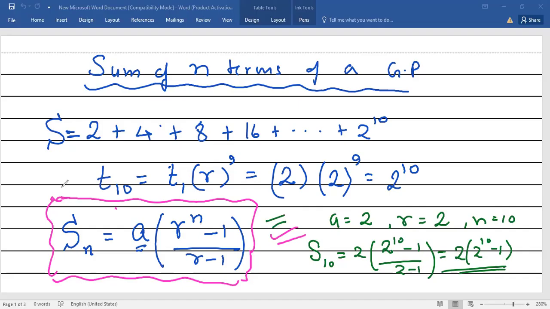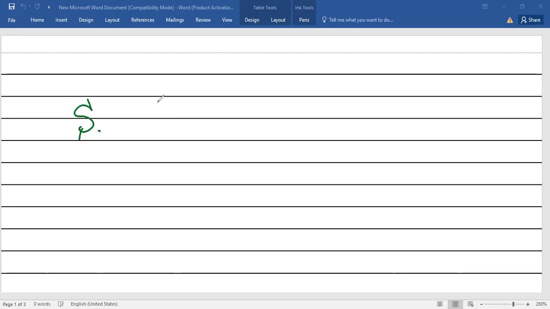Now, sometimes you will see this formula also, that Sn is equal to A times 1 minus R to the power n, divided by 1 minus R. So this is also okay. Normally this formula is used when R is less than 1, and the previous one is used when R is greater than 1.